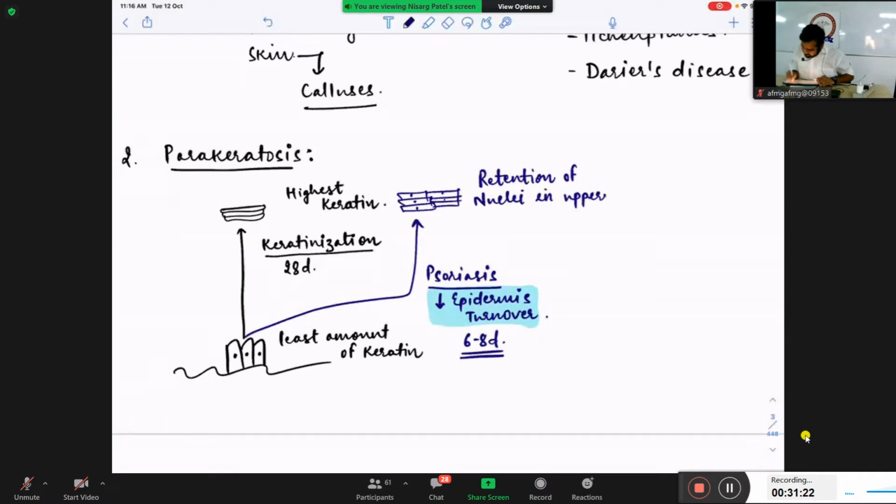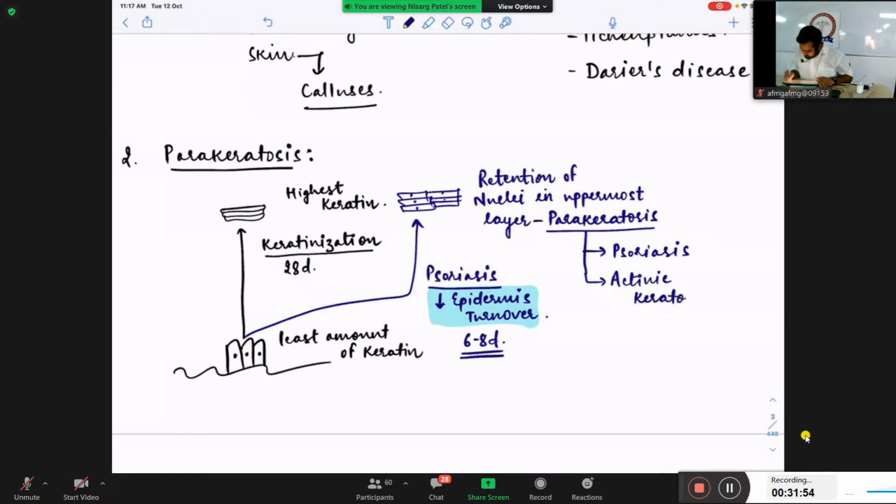Retention of nuclei in the uppermost layer is known as parakeratosis. And this parakeratosis is always pathological. It is a feature of psoriasis. It is also a feature of actinic keratosis.